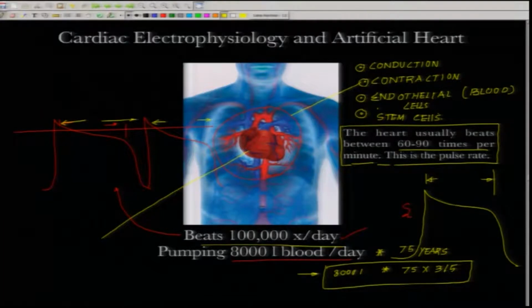We do not know whether these stem cells are of any help for regeneration or not, but there are attempts going on.